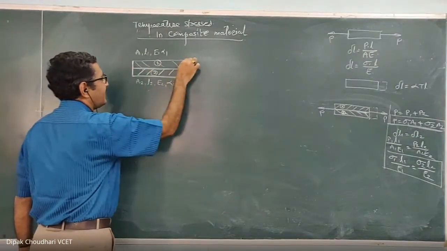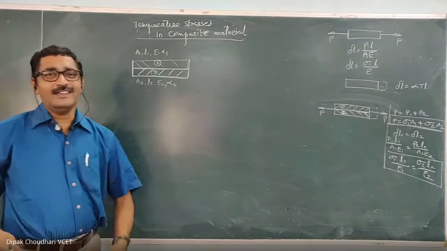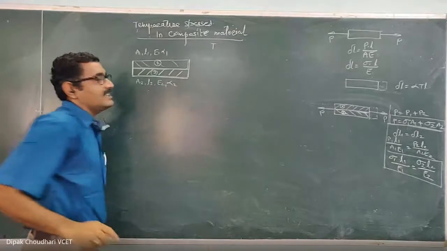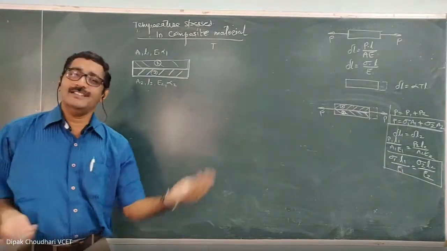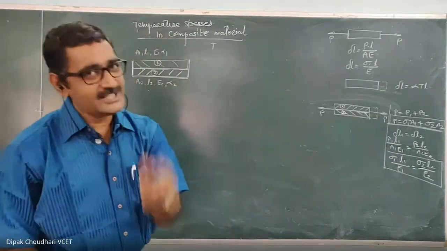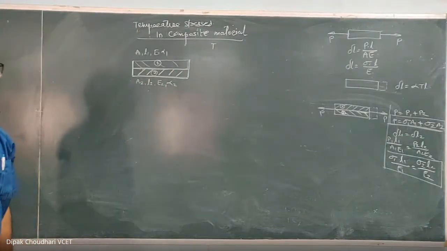These two materials are rigidly connected, and let's imagine this assembly is heated through T degrees Celsius, meaning T degrees Celsius is the change in temperature. Remember, in that assignment I observed that somebody used delta T, somebody used small t, it doesn't matter. So I'm using capital T, which is the change in temperature.